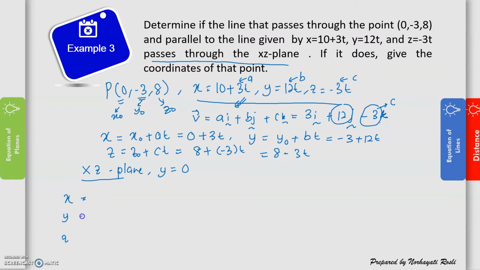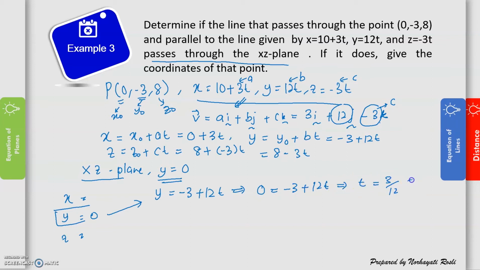But before we compute these three values, understand that y is equal to 0 because it passes through the xz plane. When y is 0, we can find t from the y equation y = -3 + 12t. So 0 = -3 + 12t, and t = 3/12, which is 1/4.